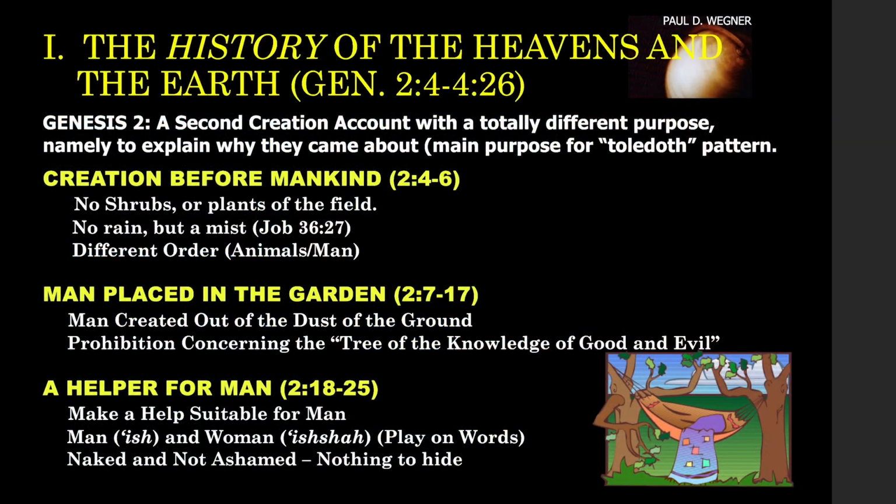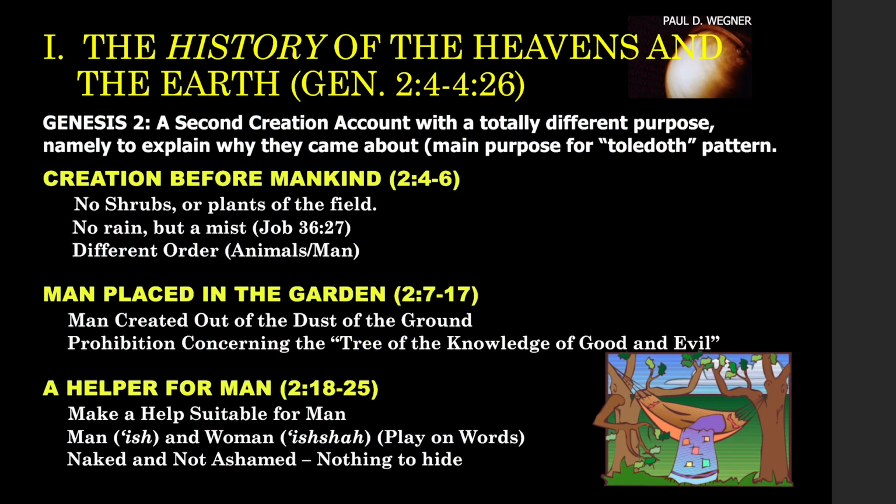All right. In chapter 2, verses 7 through 17, you've got man created out of the dust of the ground, and then he's placed in this garden and told not to eat of the tree of the knowledge of good and evil. So once again, a command and relationship there.